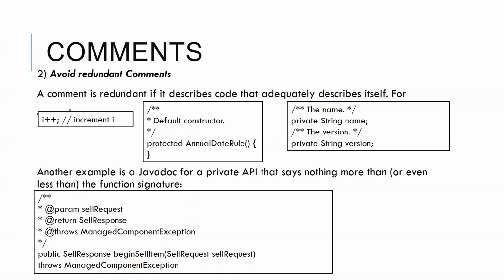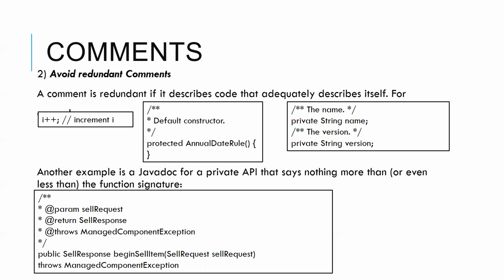The comment for the first variable says "the name", and the comment for the second variable says "the version". Now, just the name and the version do not convey anything extra beyond the meaning already conveyed by the variable names. So this is something unnecessary.